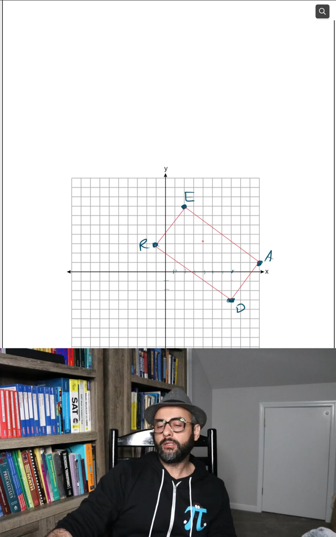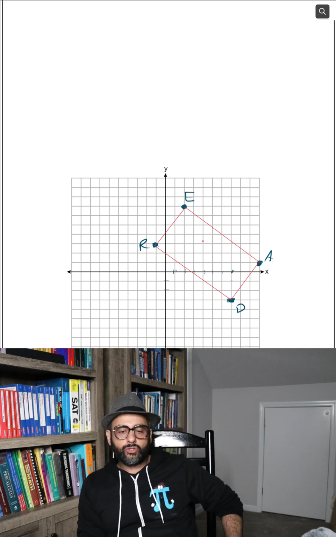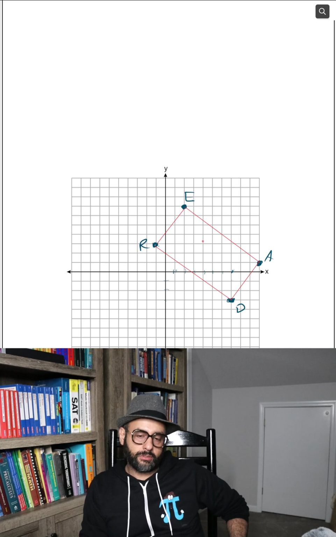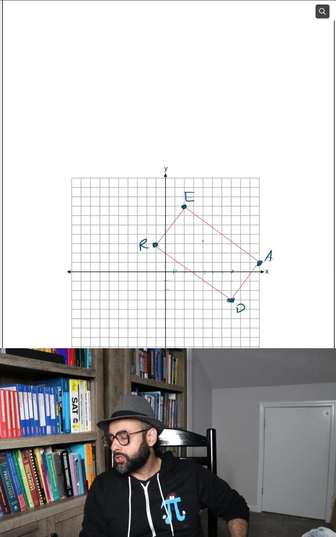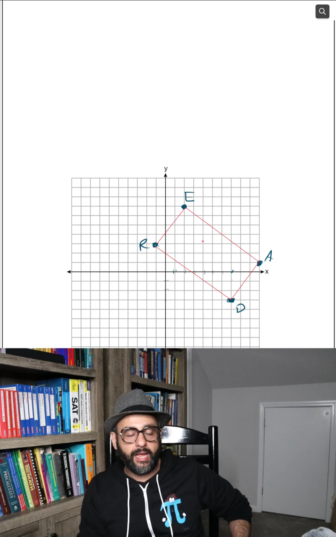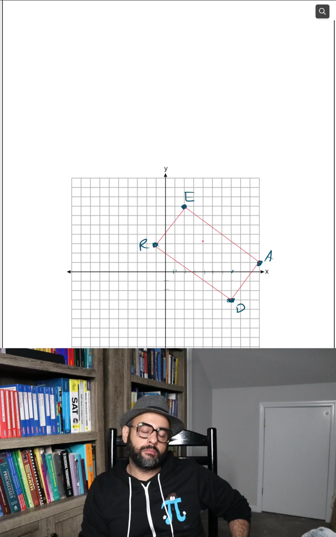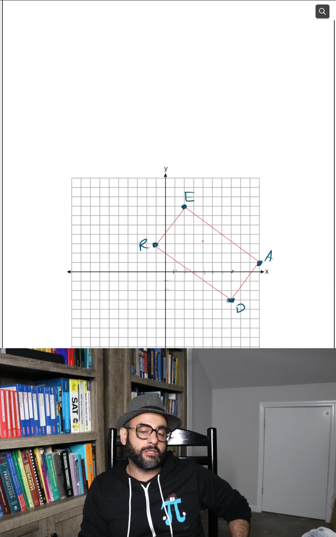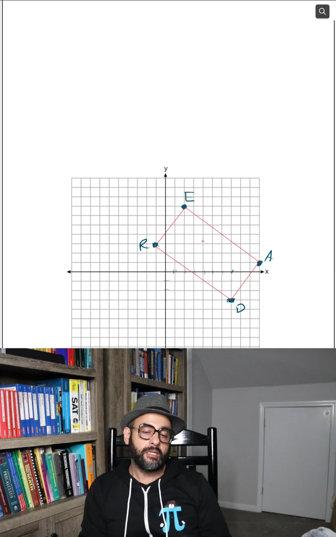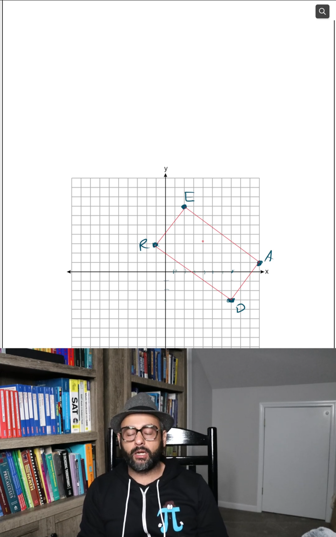There are a lot of statements that are true about rectangles. A rectangle is a parallelogram with a right angle. So if you prove that it's a parallelogram with a right angle, then you've proved that it's a rectangle. Or if you say it's a parallelogram with one pair of perpendicular sides, then you've proved that it's a rectangle. If you prove that the opposite sides are congruent and it's got a right angle, then it's a rectangle.